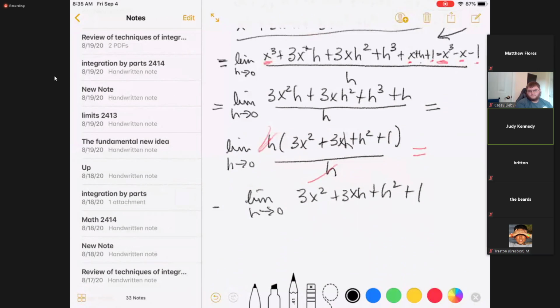And as h goes to 0, this is going to go to 0 because it's got an h in it. That's certainly going to go to 0. So we wind up with just 3x squared plus 1. That's equal to f prime of x.